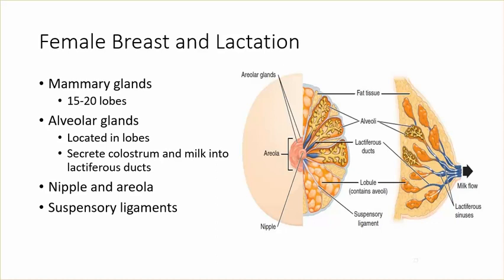But when you're pregnant, the glands develop. Prolactin causes these to be stimulated to start producing milk. The milk goes through these ducts to the nipple, and lactation happens.